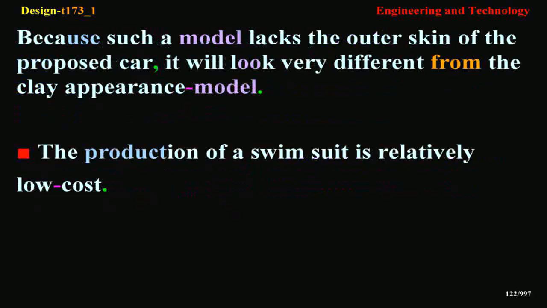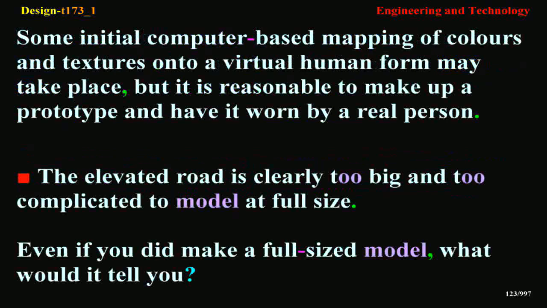Because such a model lacks the outer skin of the proposed car, it will look very different from the clay appearance model. The production of a swimsuit is relatively low cost. Some initial computer-based mapping of colors and textures onto a virtual human form may take place, but it is reasonable to make up a prototype and have it worn by a real person.